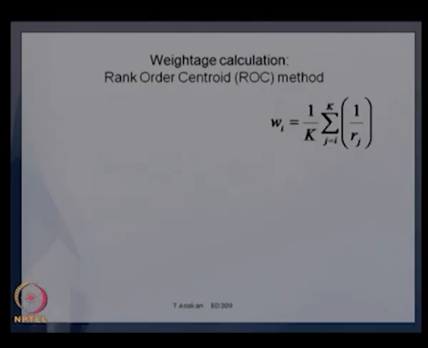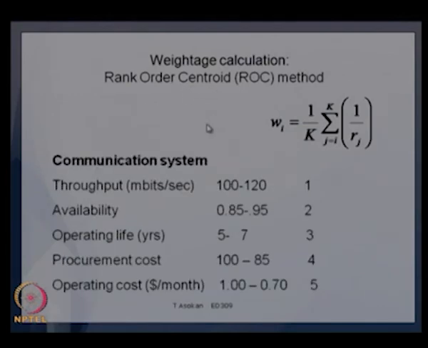Initially, at the time of objectives hierarchy development, we give the value of objective hierarchy for each objective, and that value is taken as rj, and we take a centroid of this using the rank order centroid method. For example, this is the communication system requirement. There are requirements like throughput, availability, operating life, procurement cost and operating cost.